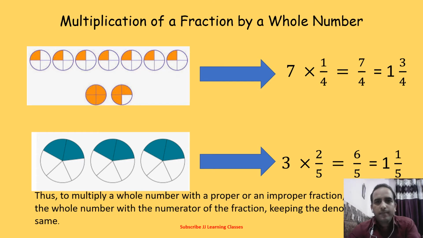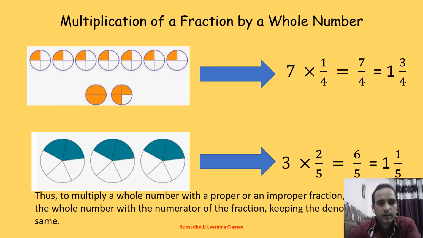Whenever we multiply a fraction with a whole number, we simply multiply it with the numerator and it becomes 7 by 4, and we convert the improper fraction into a mixed fraction. If you divide 7 by 4, you get quotient 1 and remainder 3, and the divisor is 4. So here we have 1 3 by 4 as the result, which is a mixed fraction.